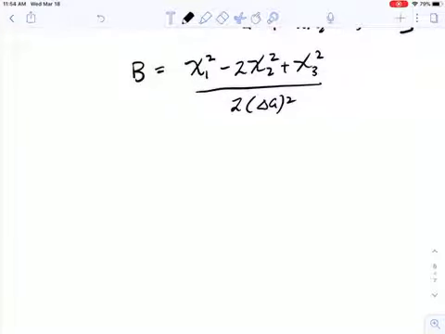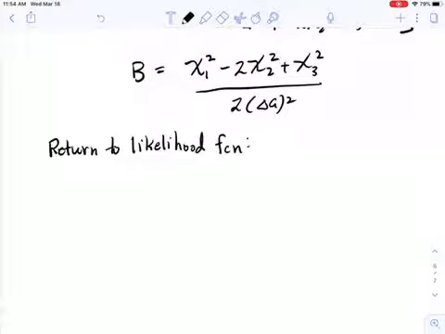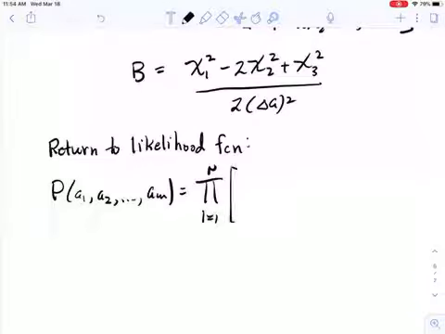So let's return to the likelihood function, and I'll rewrite this again, but it's something we reminded ourselves of at the beginning. It had this prefactor, which will turn out to not be that interested in.